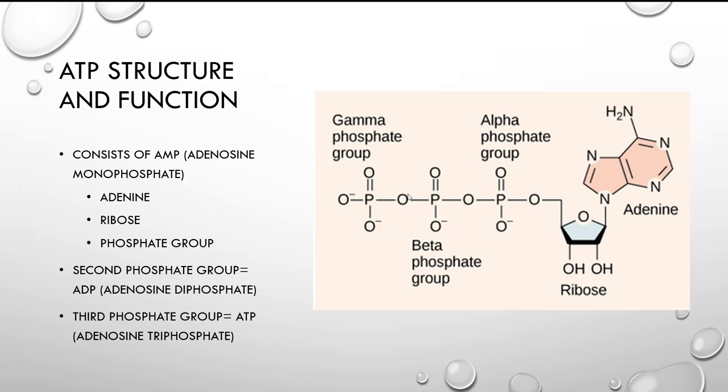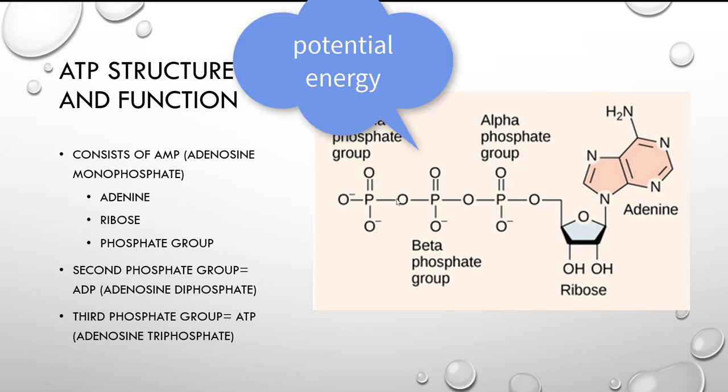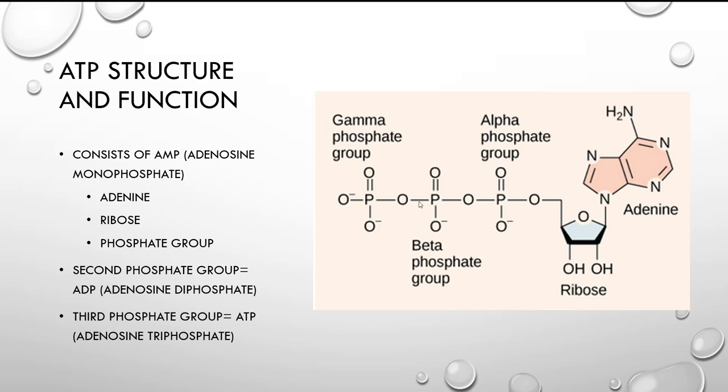So the goal basically of cellular respiration is to make more and more of these molecules, because this contains a bunch of potential energy, right? When we have this molecule, we have a lot of energy being held within these bonds, and once we break those bonds, we get that burst of energy.